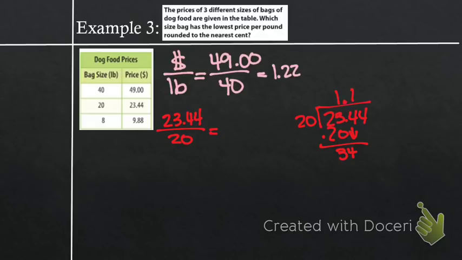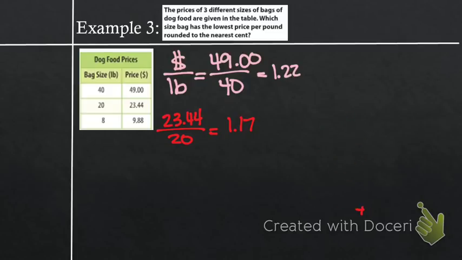It goes in once. Then $7. So about $1.17 for bag number 2.